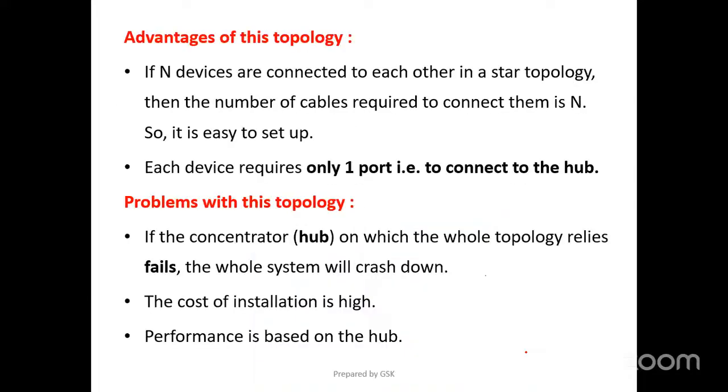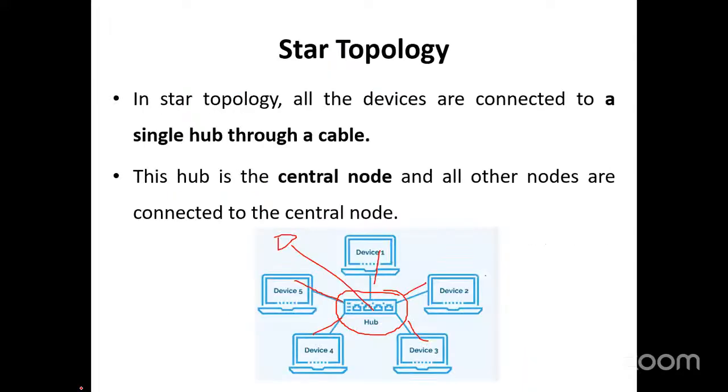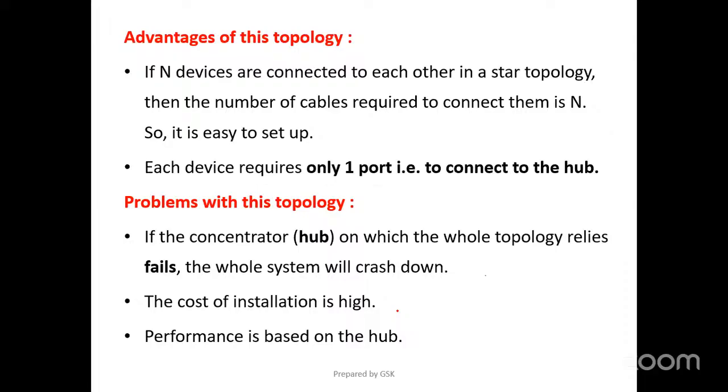Each device requires only one port, that is to connect to the hub. Now see. So if you want to connect your device with this hub, you need to maintain only one port.